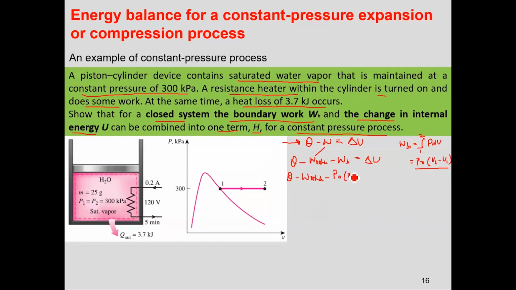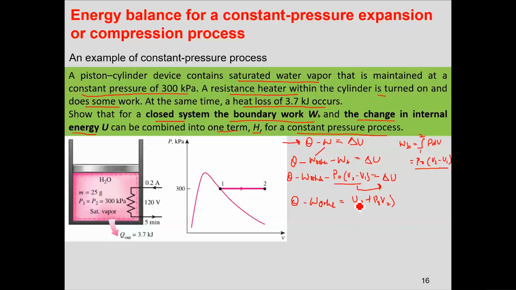Now if I take this expression onto the right hand side, we'll see that Q minus work other is essentially equal to U2 plus P2 V2 minus U1 plus P1 V1. Since P naught is equal to P2 is equal to P1, I can write this expression. This is for a constant pressure.